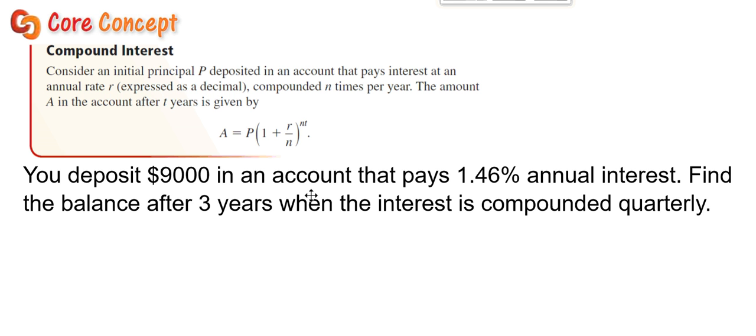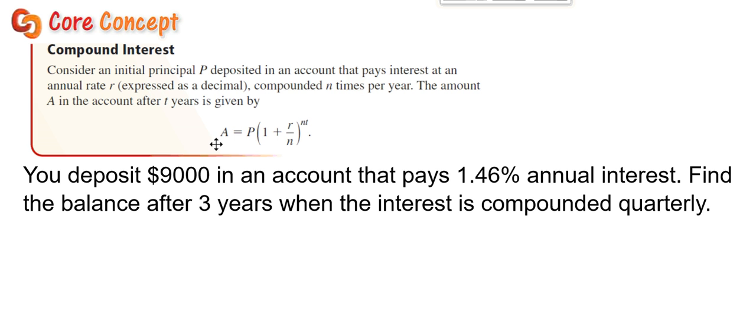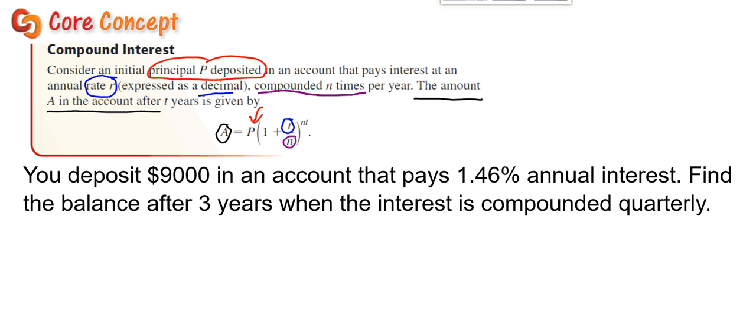Okay, so our normal function here is A, where A is the amount in the account at the end. P is your principal that you deposited in the account, or the initial amount. R is going to be your rate, expressed as a decimal, not a percentage. And N is how often it's compounded per year.